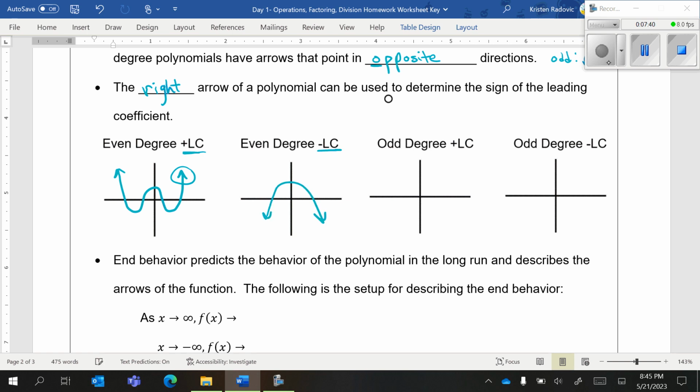You're going to end on the right going down. Odd degree means your arrows will be opposite. If it is a positive leading coefficient, your right arrow goes up. And because of the reflection, if you have a negative out front, like y equals -x cubed, then you're going to end going down on the right.